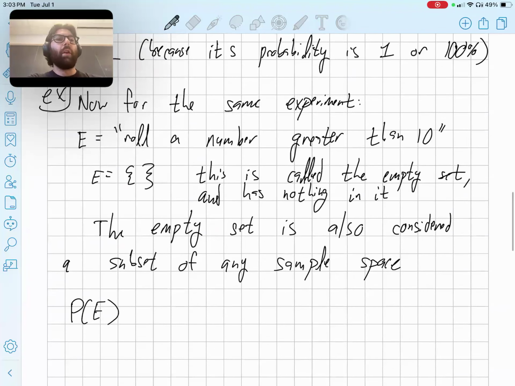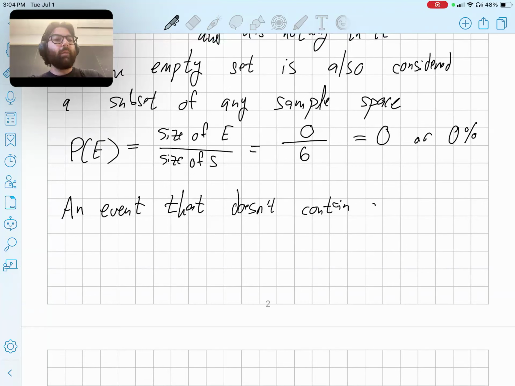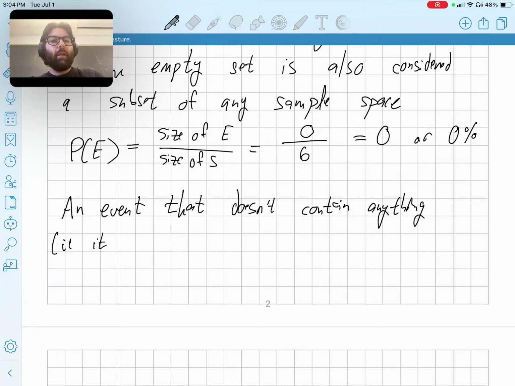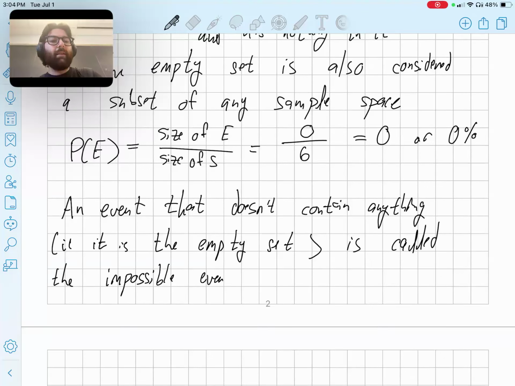And so an event that doesn't contain anything, i.e. it is the empty set, is called the impossible event.